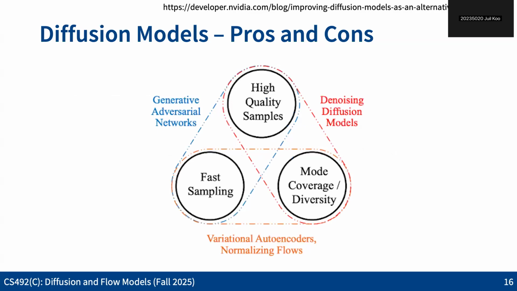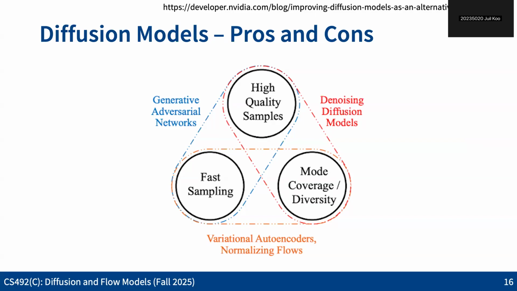If we get back to the comparisons for the generative models, we have seen the main properties that we want to satisfy with our generative model, right? For the GAN, GAN is good in terms of making high quality samples and also making the generation process fast.